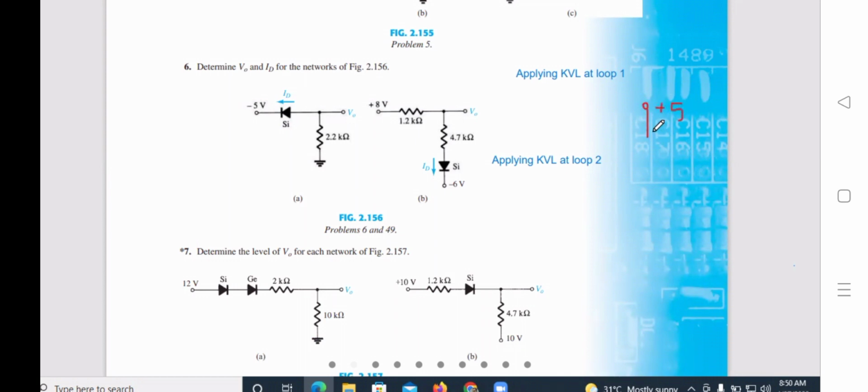The meaning of this plus 5 is, a battery is connected such a way that plus point of battery is connected to this point, minus point of battery is grounded. This is the symbol of ground. When lines decrease in length and end in a point, that is the symbol of the ground. So this is the meaning of plus 5.